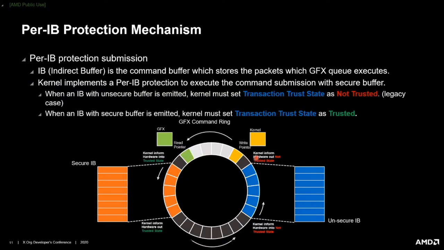Once the IB is emitted, the kernel will inform the hardware to enter the non-trusted state. That means this IB will execute regular reads and writes for data buffers. The data is not encrypted, so the CPU is able to write and read the raw data.